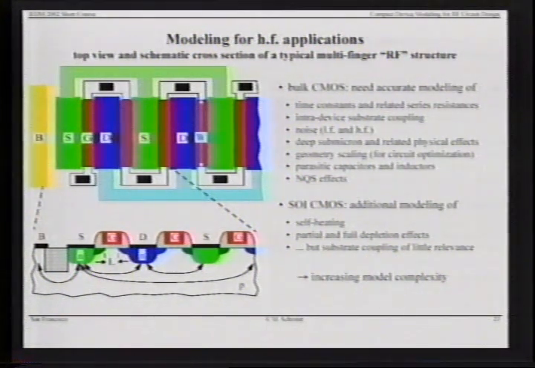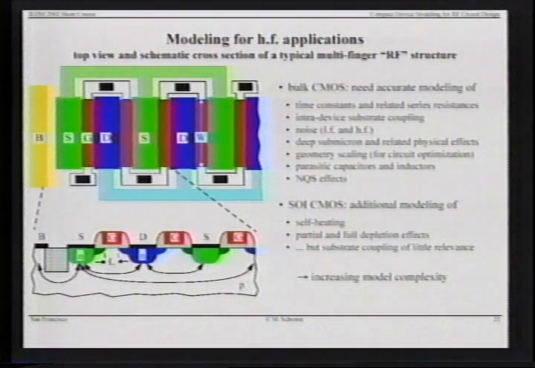Looking at, for instance, geometry scaling in a MOS transistor and extending an existing MOS transistor model to a high-frequency model, first of all, we're faced with the task that geometry scaling usually in simulators doesn't work properly, because we have to model a structure that has an interdigitated source, gate, drain configuration.